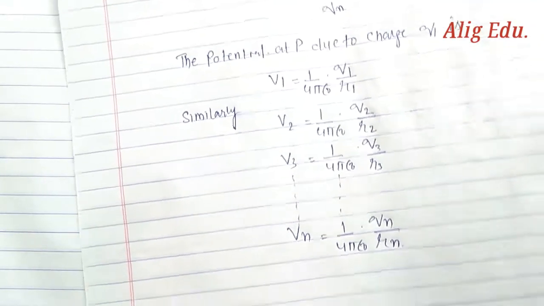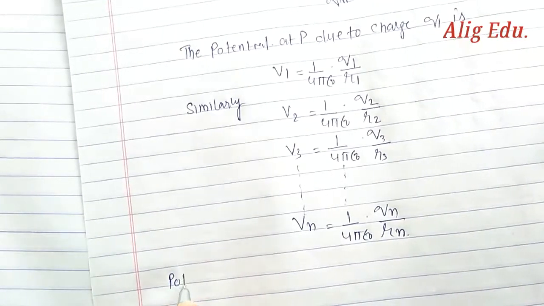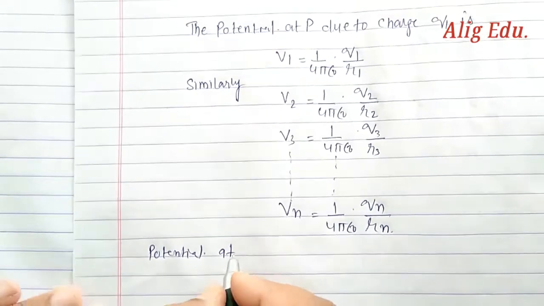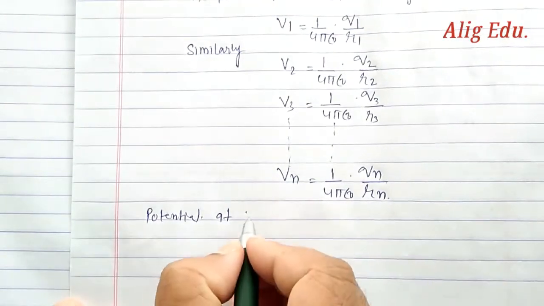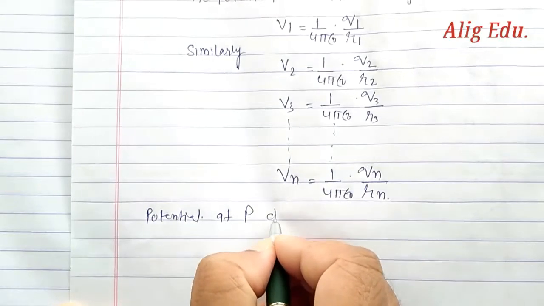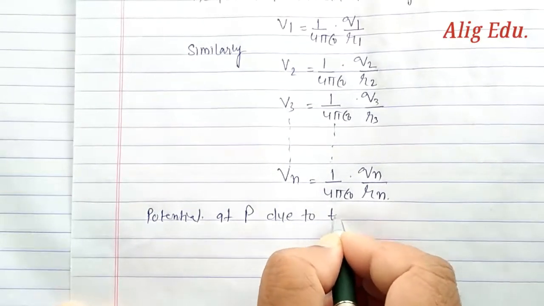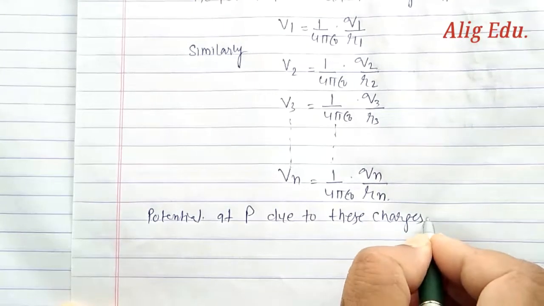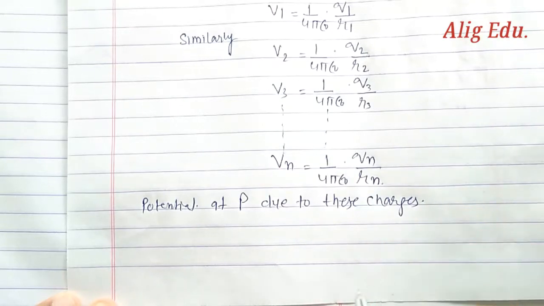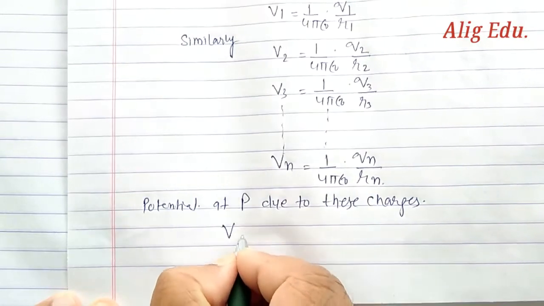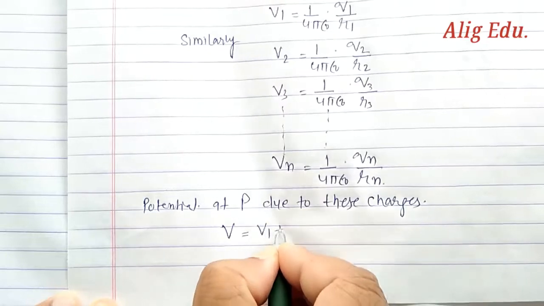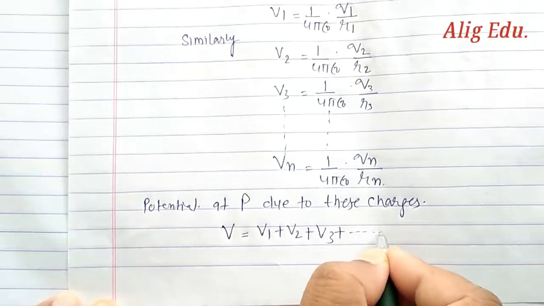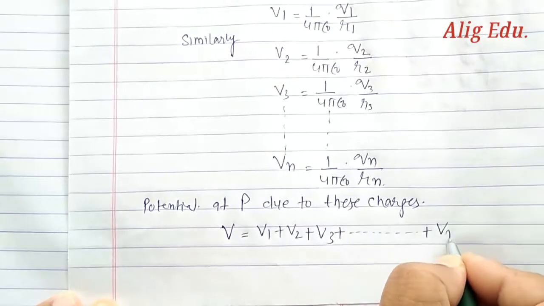So potential at P due to these charges, V is equal to V1 plus V2 plus V3 up to Vn.